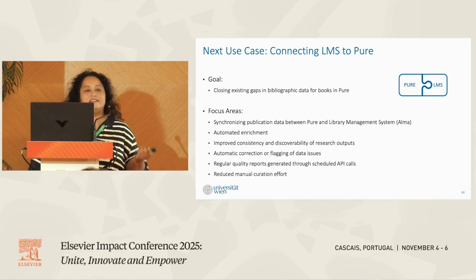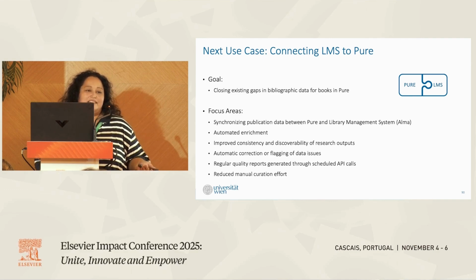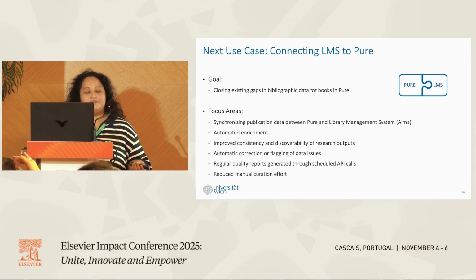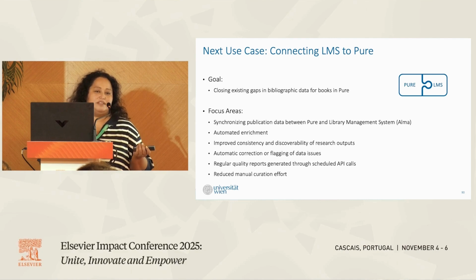As this first use case was successful, we want to continue. The next step is to connect the library management system to Pure. We want to get the bibliographic data for books inside the Pure system, because we have only some mandatory fields, but we want to have the complete information of the books.